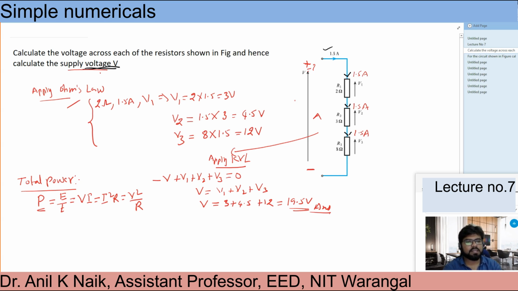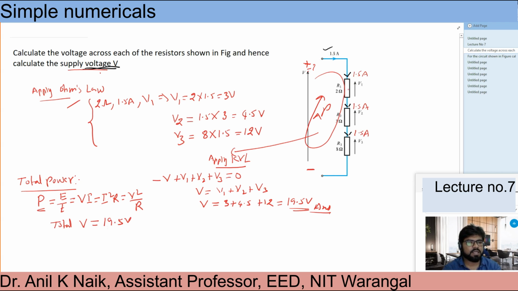In this case, I need to find the total power consumed by this circuit. For this, I need the total supply voltage, which is 19.5 volts. What is the total current?